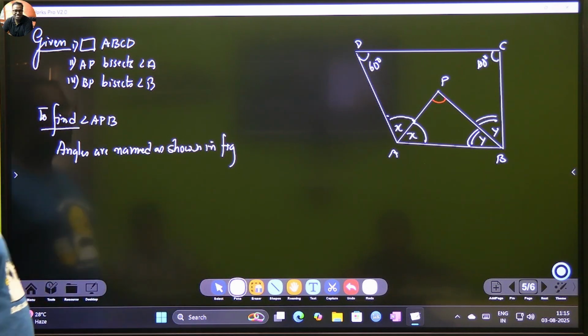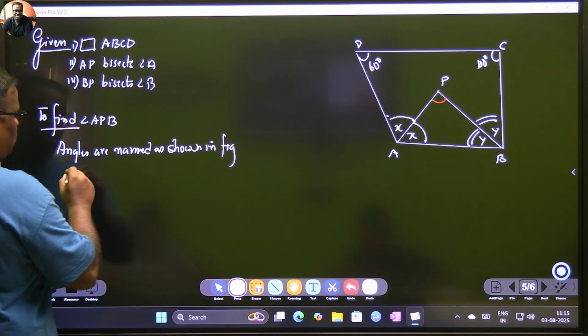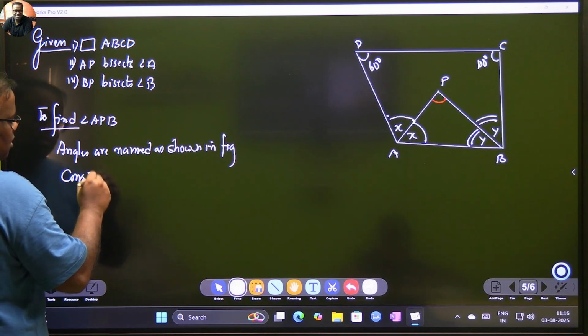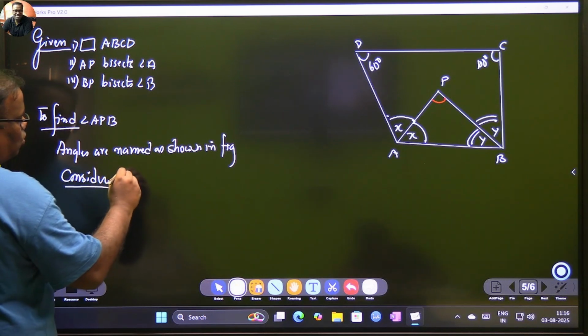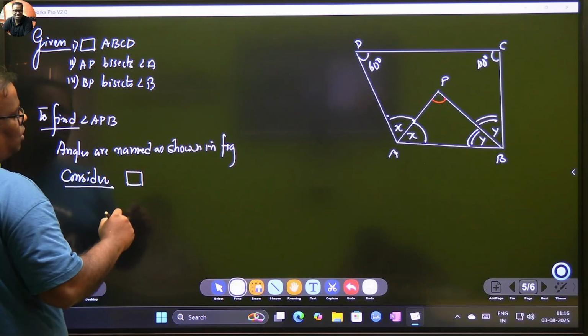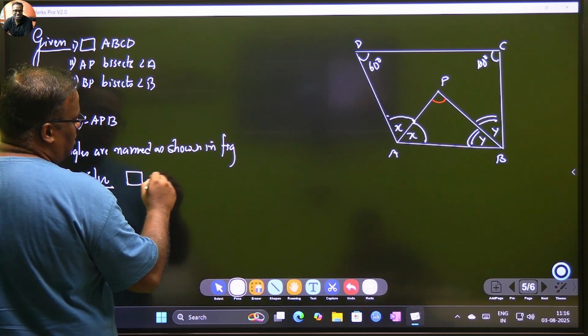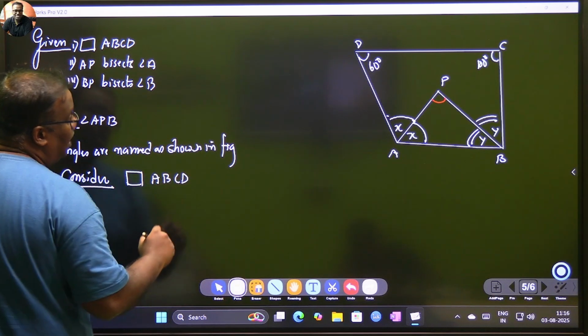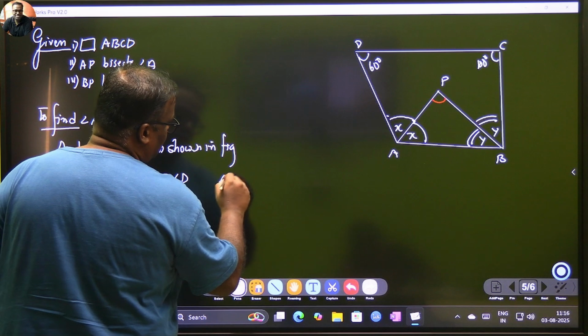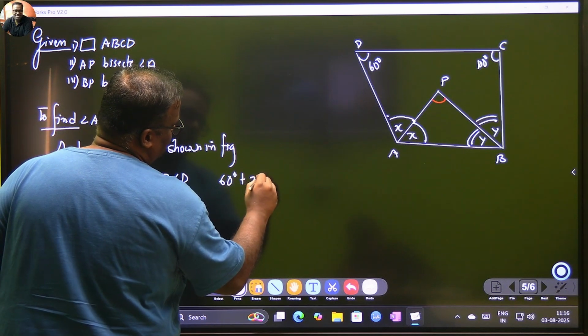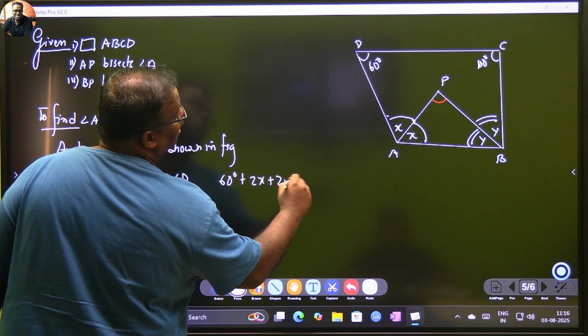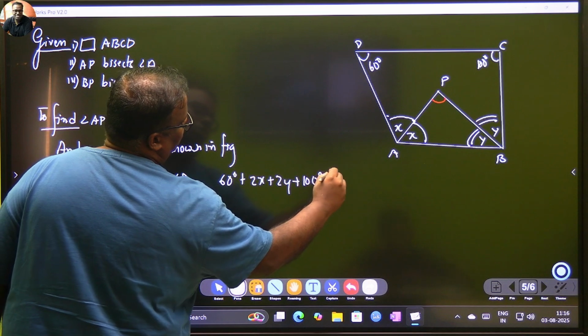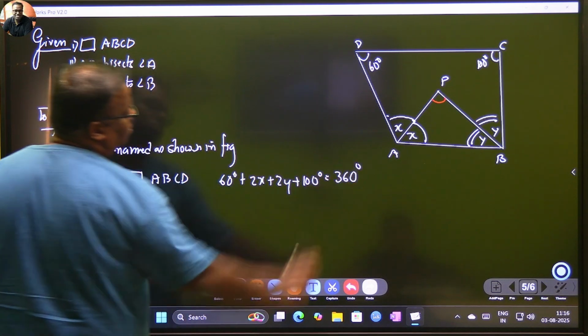Okay, fine. Children, so now we consider quad ABCD. Can I write 60 degree plus 2x plus 2y plus 100 degree equal to 360 degree? Can I write this or not?